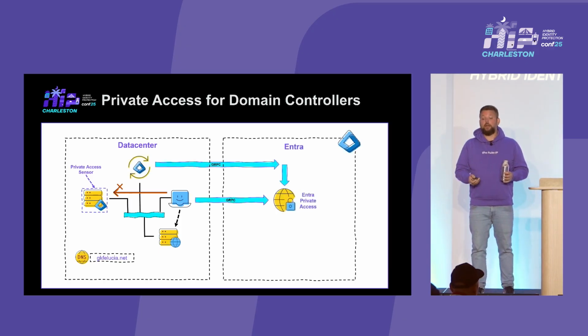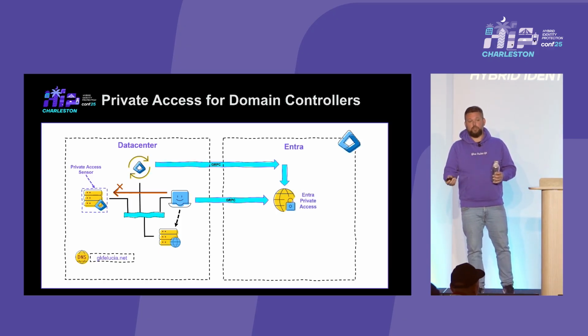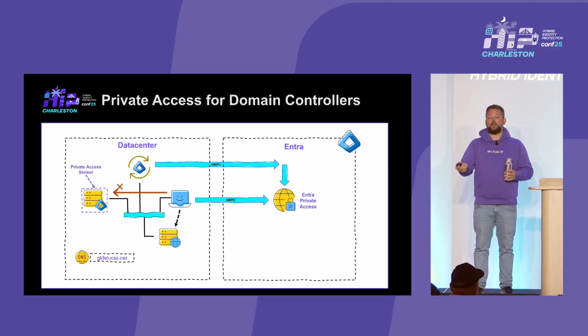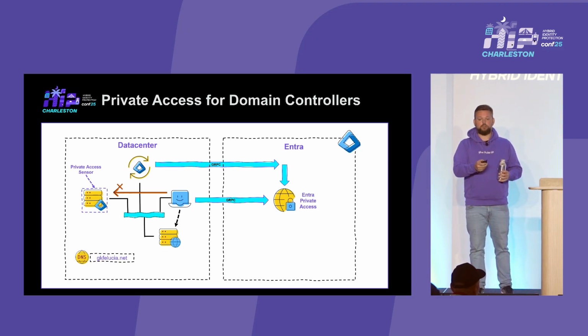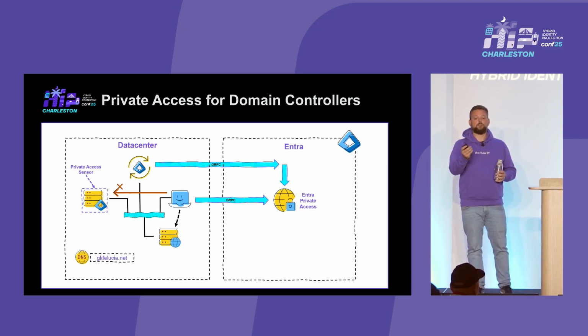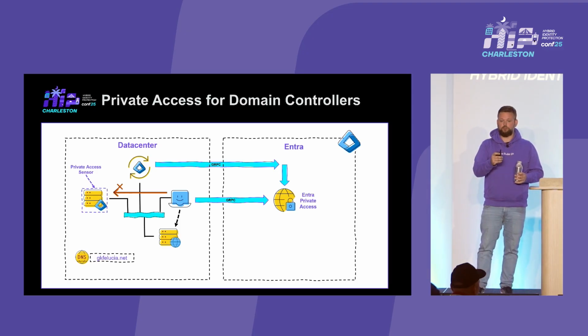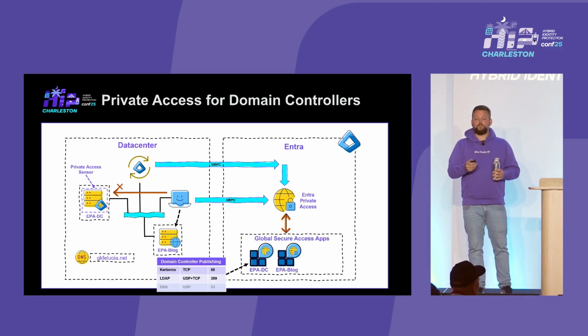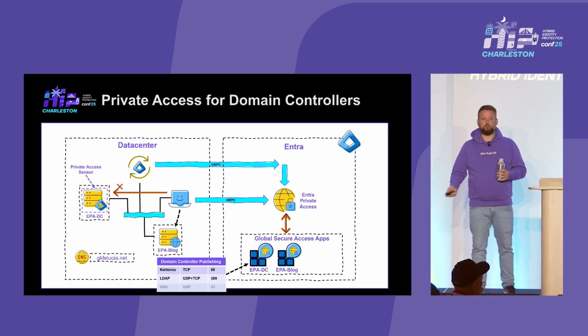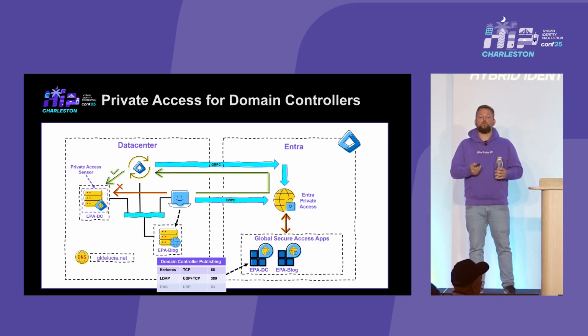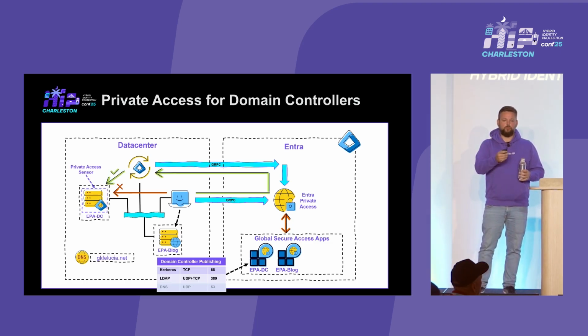And if the client now connects to private access and routes the traffic, the Kerberos traffic, through private access, through the connector that is also connected to the network, and we publish the domain controllers, and in this case we also publish the block, then we can route the traffic through this, and the sensor will let it through.